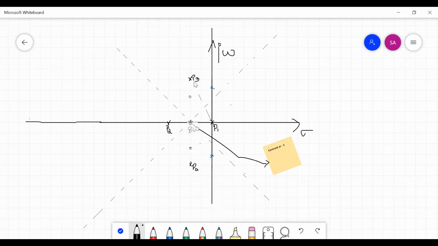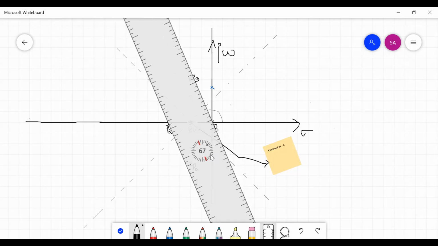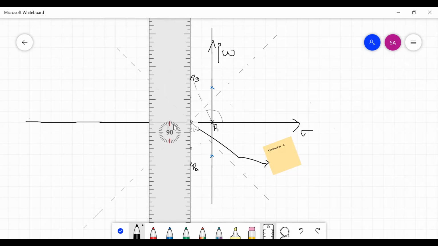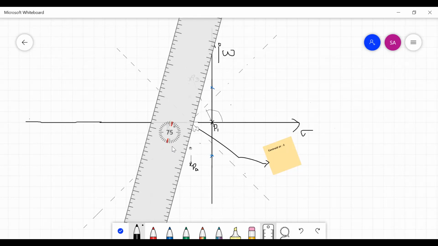You have to mark this angle, and that angle you have to measure. That was around 118. Similarly, with respect to this, what is the angle? That is 90 degrees. You can measure the angle, and again the angle with respect to this one.